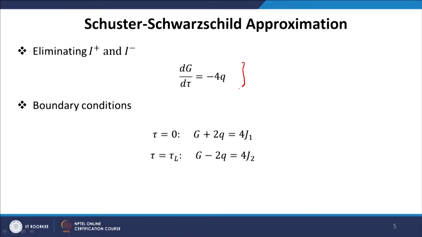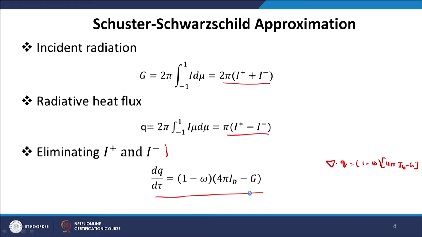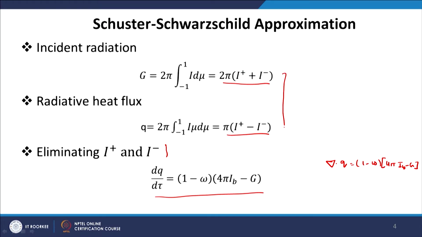The boundary condition can similarly be found. So, our boundary conditions were I plus is equal to J1 upon pi and I minus is equal to J2 upon pi. So, eliminating I plus and I minus in terms of G and q, we get G plus 2q is equal to 4 times J1 and G minus 2q is equal to 4 times J2, where we have added these two equations.